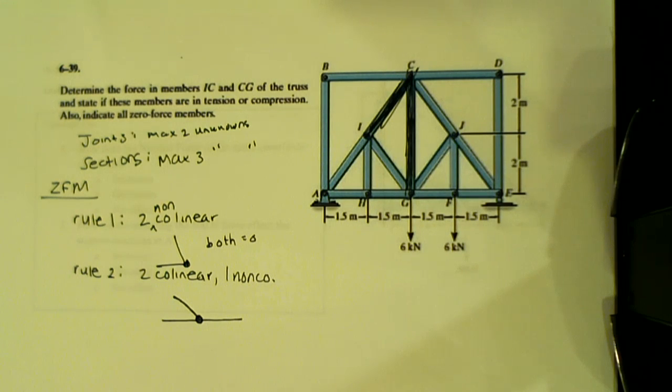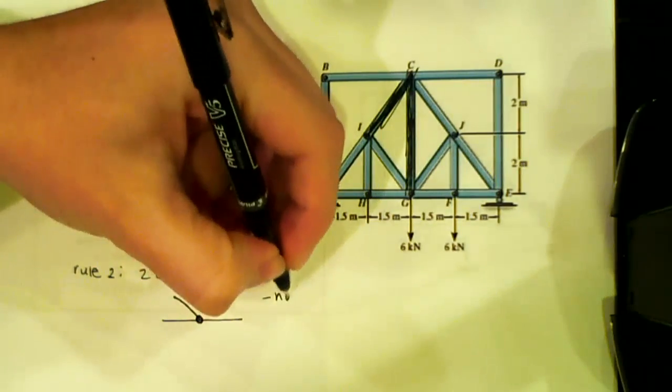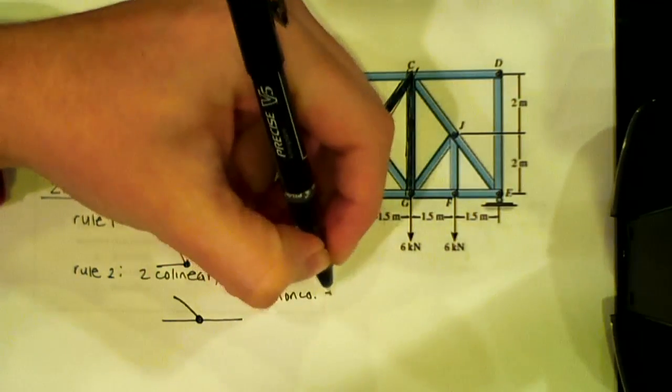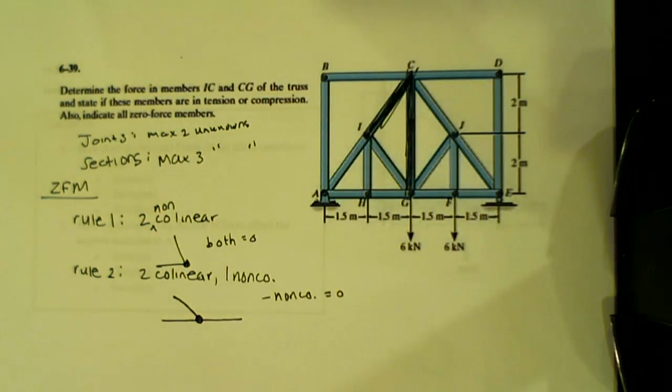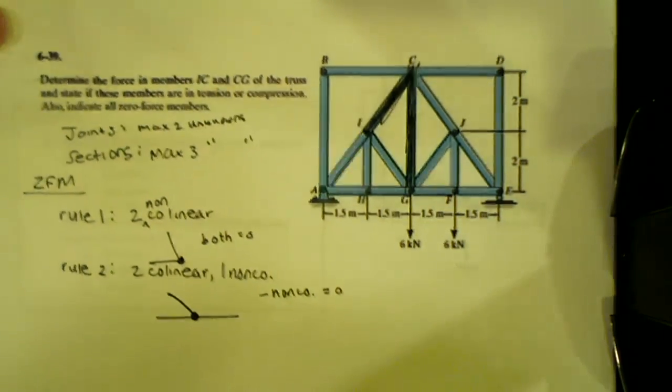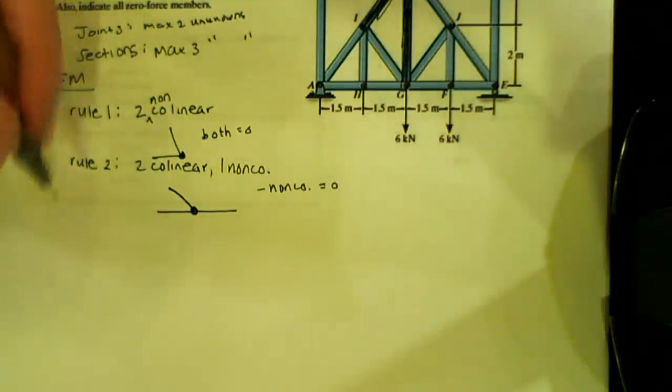There's no outside forces on it, right? So if I say sum of forces in y, that one member is 0. Does everyone see that? The non-collinear one is equal to 0. This is for the case where you don't have any external forces at the joint in question. So for this particular problem, let's start listing out our zero force members.